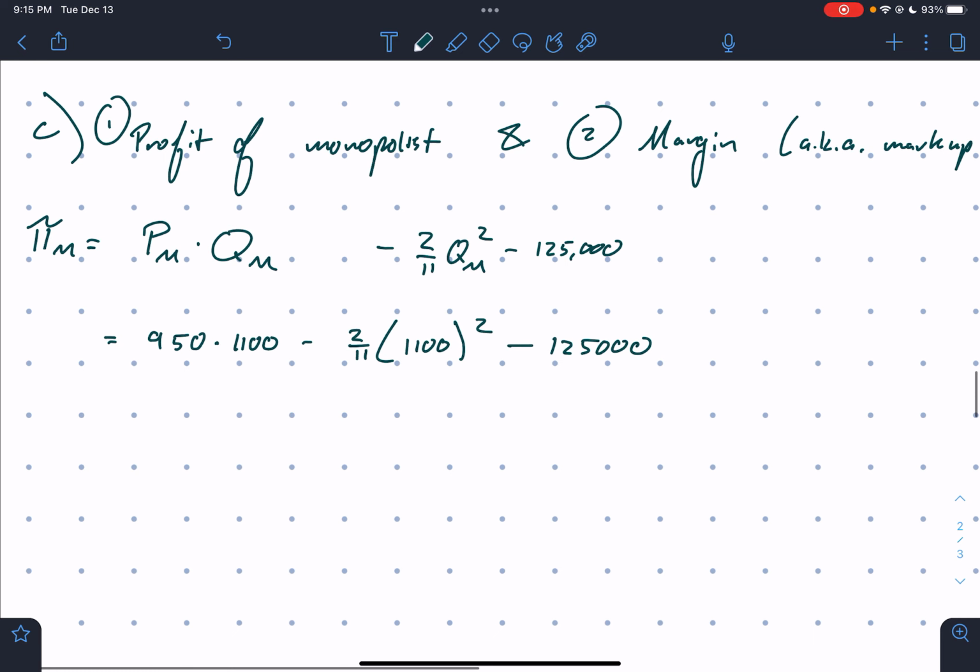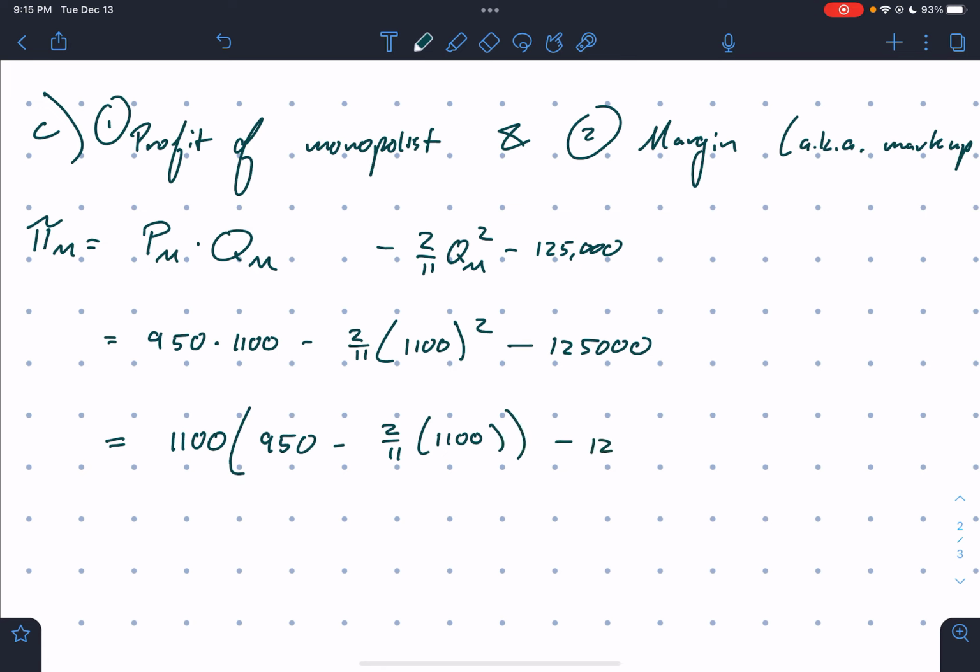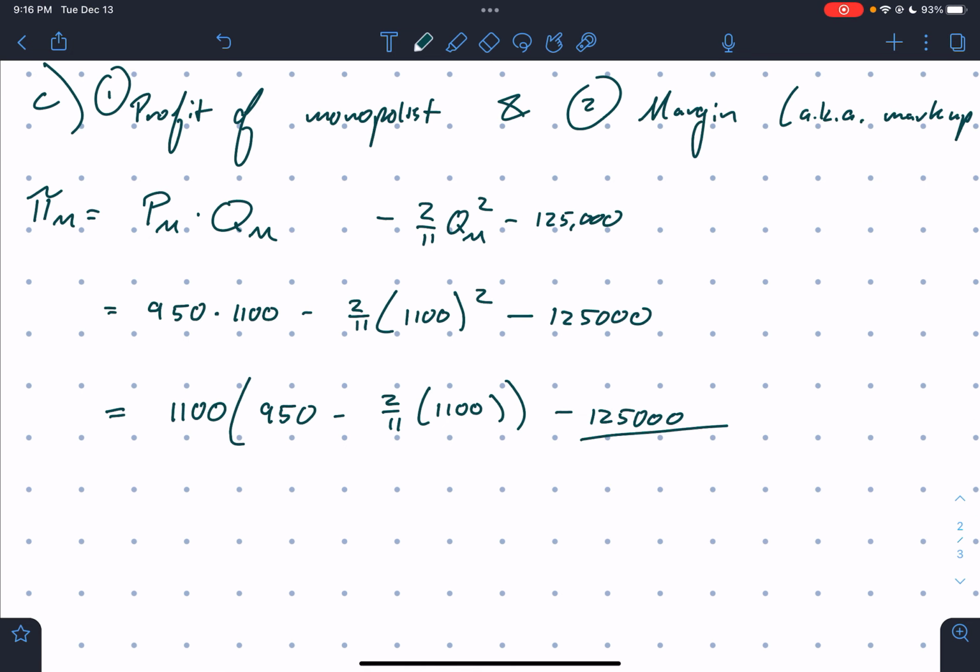Basically, this is 1100 times 950 minus 2/11 of 1100. So I just factor out one of these 1100s, and I'm just going to subtract away the fixed cost.